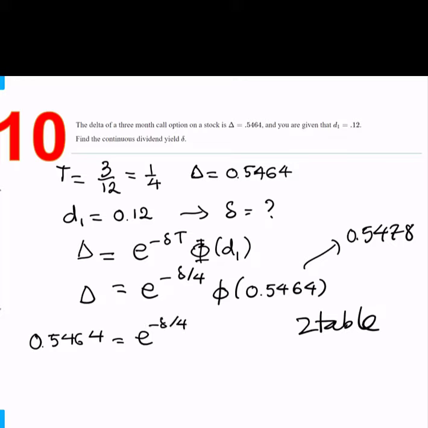So now we can just plug into the equation. We got 0.5464 is equal to e to the minus delta over 4 times 0.5478. So from here we can solve for delta.